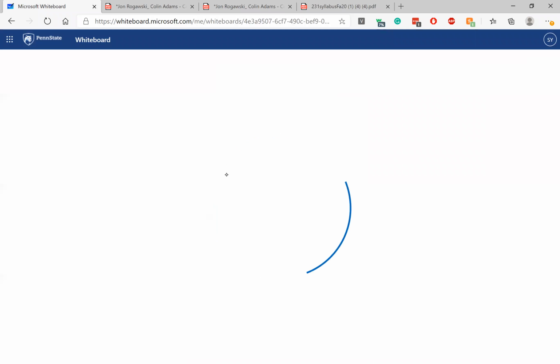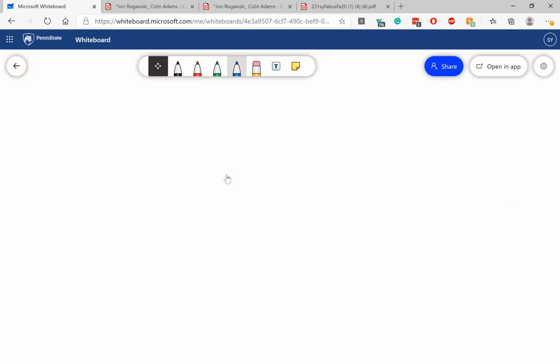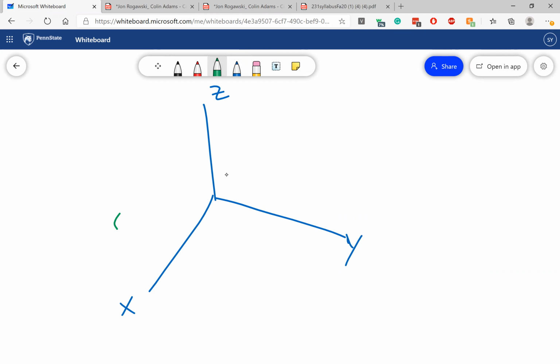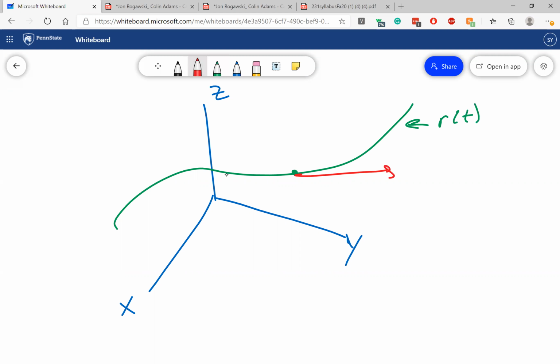If we have an object here in space, and here's our curve, imagine a particle moving along this curve. This over here is r of t, and this would be r prime of t, which is equal to the velocity, or at least the magnitude of this is the speed.